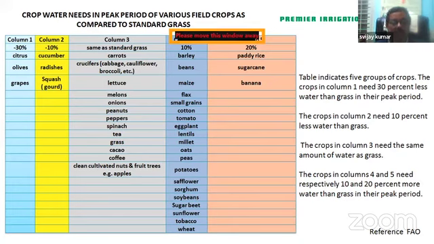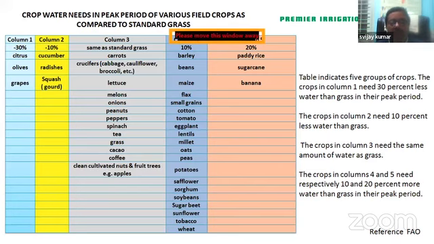Crops like carrots, crucifers, lettuce, melons, etc. will have water equal to the standard because the green coverage is fully there. When the green coverage is fully equivalent to that of the grass, then that will be the standard. But in crops like barley, beans, maize, and some other crops, you will find the water requirement is much higher.